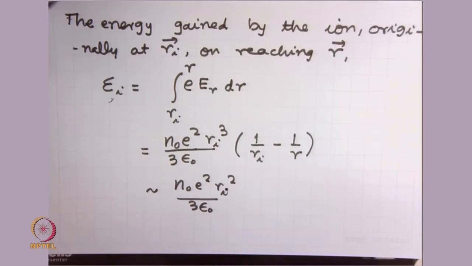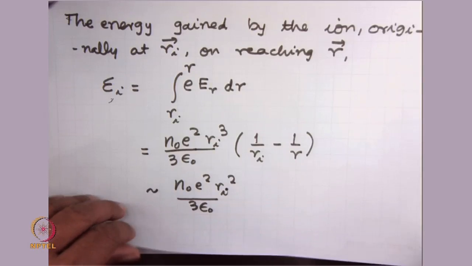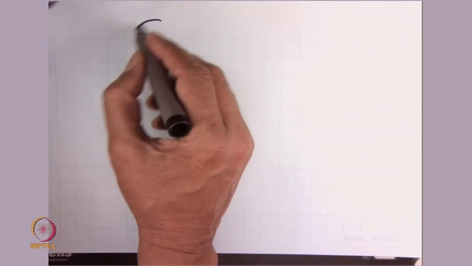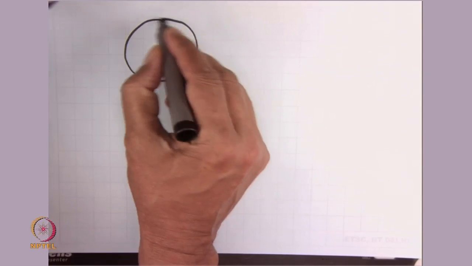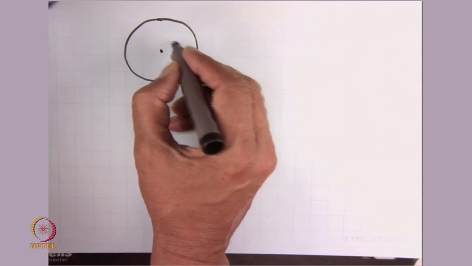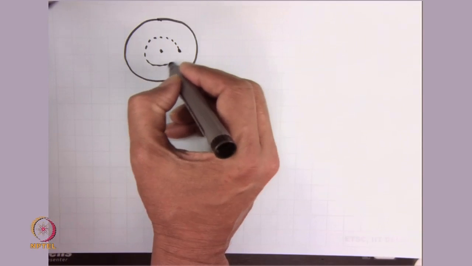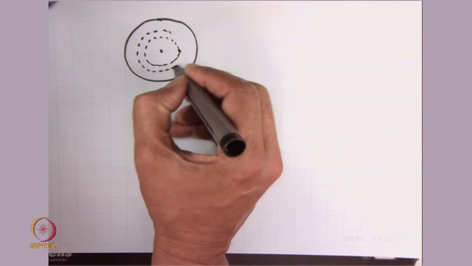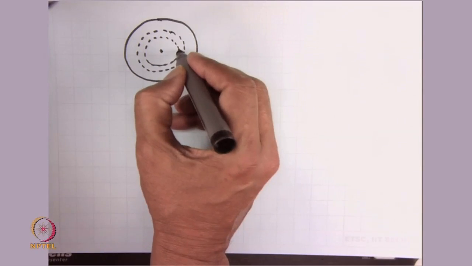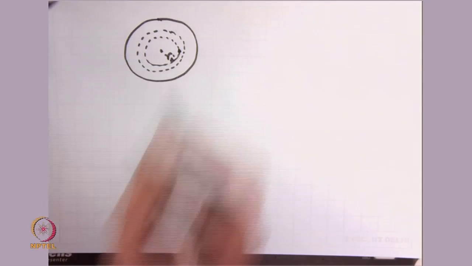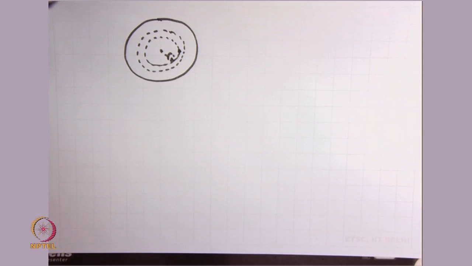And if I want to calculate the energy distribution, I will do something like this. Consider the sphere. I am considering an ion which is somewhere at Ri, and another group of ions which are lying between Ri and Ri plus dRi. So this is my Ri distance, and the distance between the two concentric spheres is dRi.